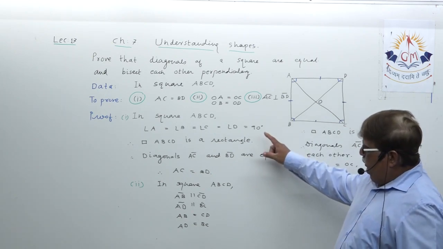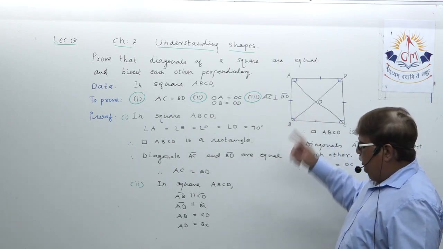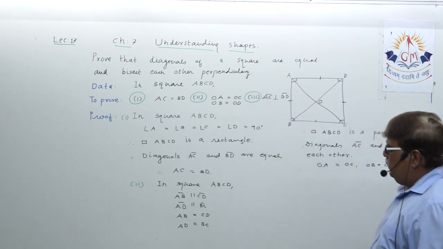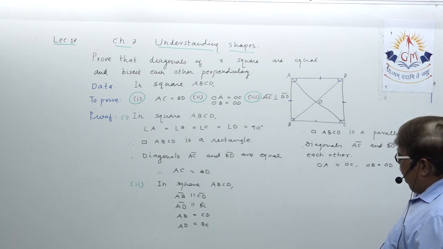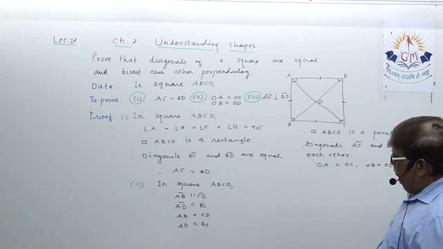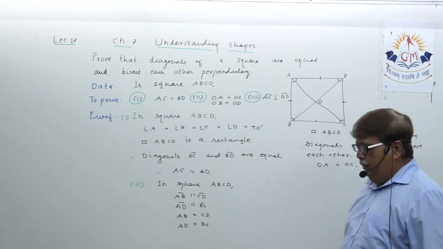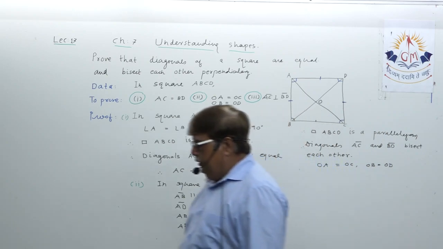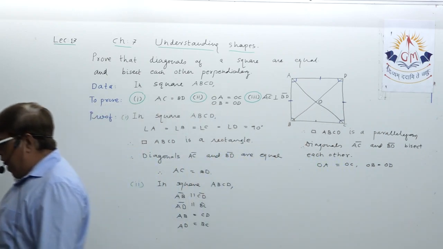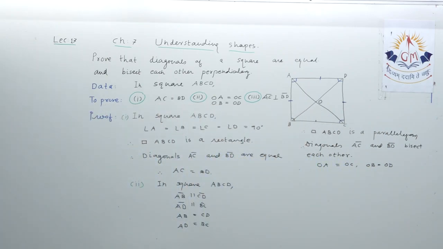First, because it became a rectangle, the diagonals are equal. Now the same square becomes a parallelogram, so the diagonals in a parallelogram, as you know, bisect each other.